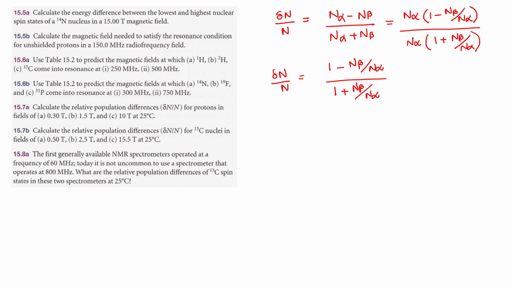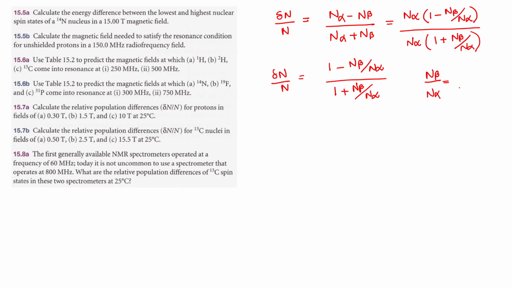And as you know, this population will be dependent on the Boltzmann distribution. The population of beta is obviously in the higher excited state, and alpha is down.